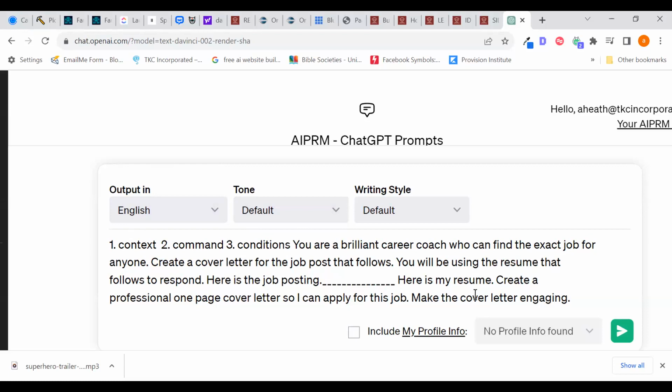It's called training the brain. And it will create for you the conditions, a professional one-page cover letter that you can use to apply for the job. And you can tell it any other conditions you want it to be aware of when it's generating your information.